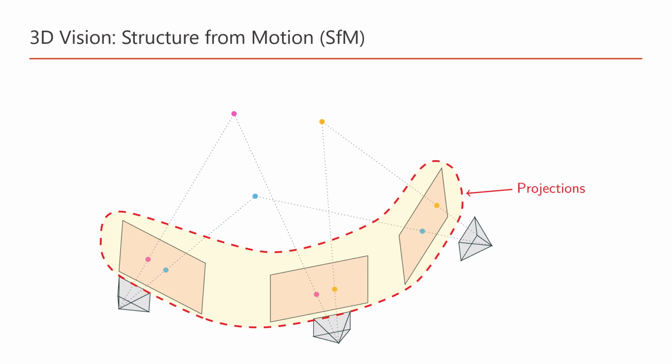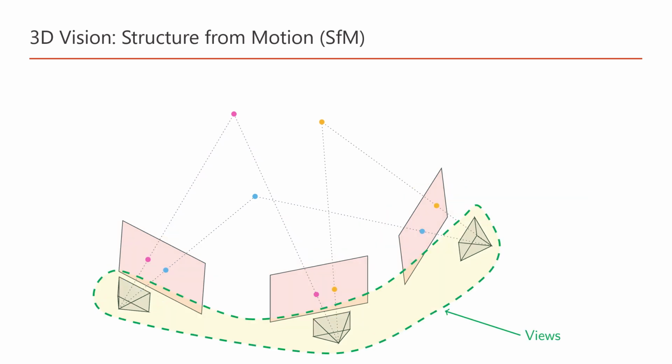And given this information, what we want to find out is the views, also known as cameras. So we essentially want to determine each of these 3 cameras, where are they located in 3D space, and in what exact direction are they facing, position and orientation.